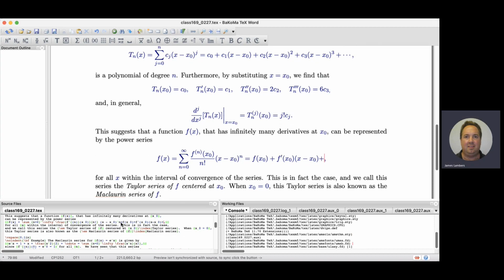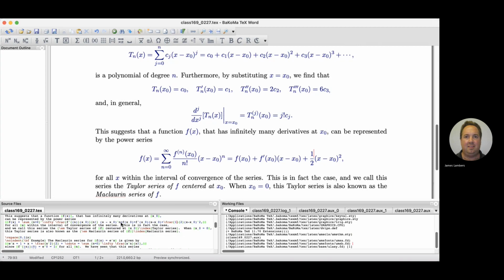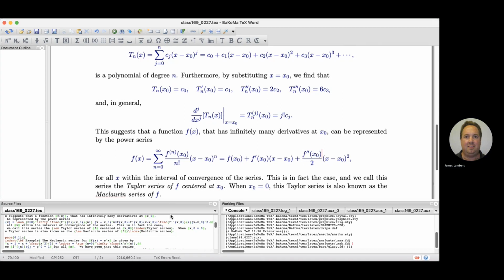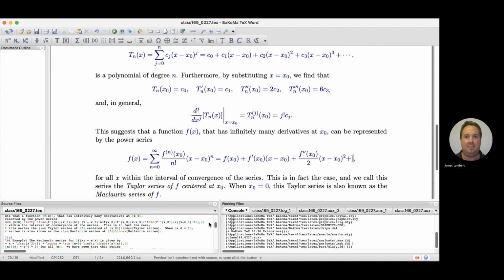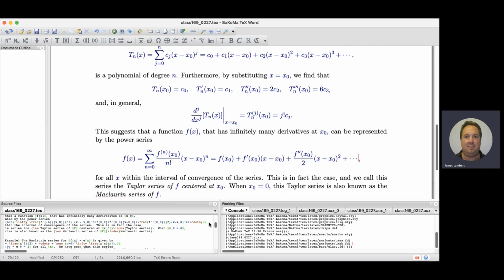And then I'll do one more, 1/2 x minus x naught squared. I still need the second derivative. Okay, and so on. Notice the second term here is f prime of x naught, x minus x naught.